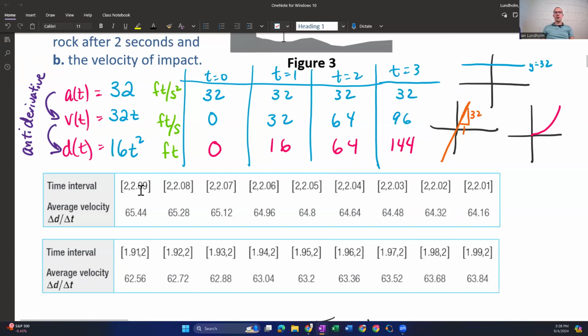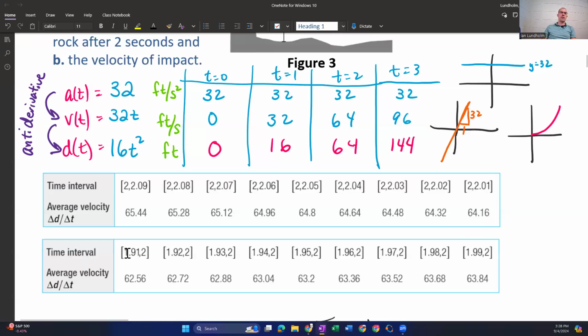That 2.09 is what we were looking at as W on the last one on the graph. But as we get this number closer and closer to 2, here we get to 2.01, we've gone from 65 all the way closer to 64.16. So we get a better and better estimate of what the actual velocity is.